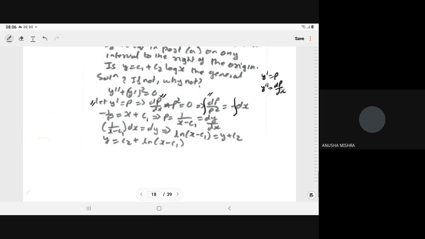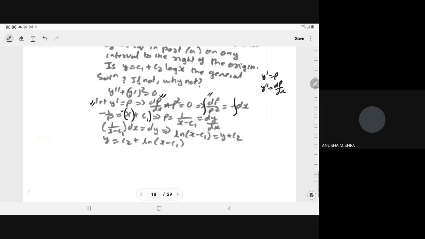It won't. It will be 1 upon p is equal to x plus c1, sir, because dp upon p square is equal to minus dx, so the minus won't be there. Actually, here we have made a mistake. Yes, this minus. So later on, you either take the complete bracket or this bracket.